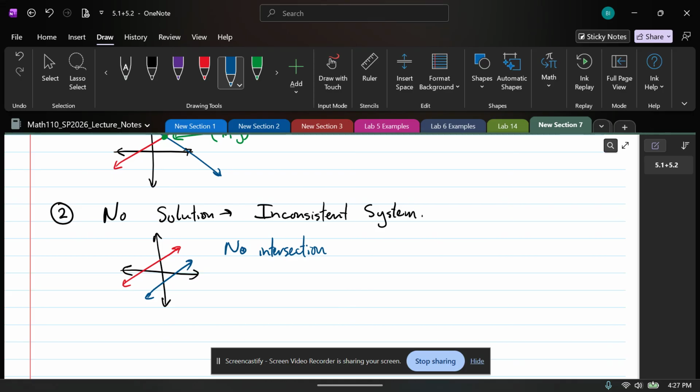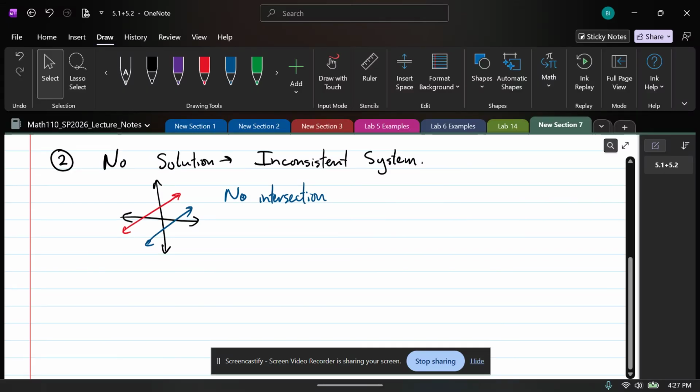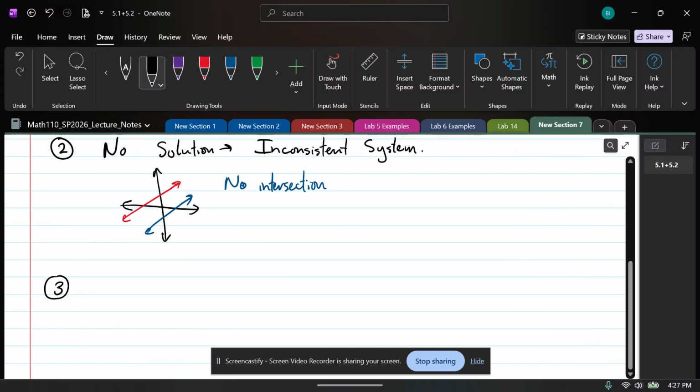The lines never cross. Okay, we'll see that in algebra as well when we solve these systems with different methods. The last option that can happen is what's called infinitely many solutions.